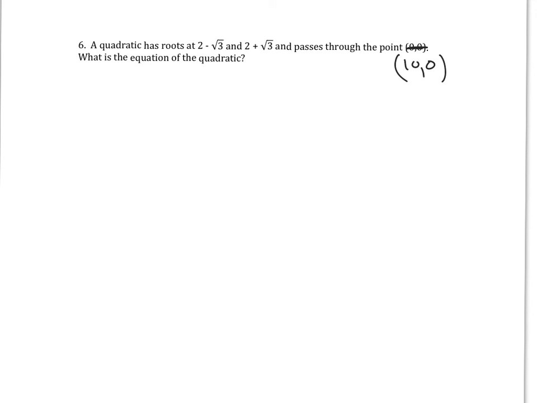And so what we do is, because we have the roots, we set up the factored form. So we get y is equal to a, which we don't know, times x minus our first root. So minus this would be minus 2 plus root 3, times x minus 2 minus root 3.